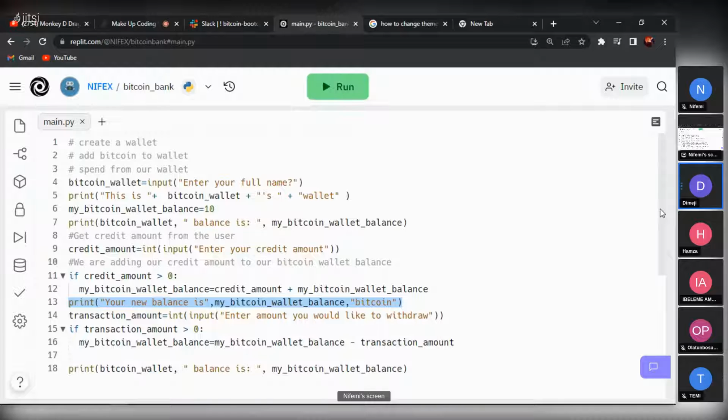It should display what? Your new balance. Can you see it there?